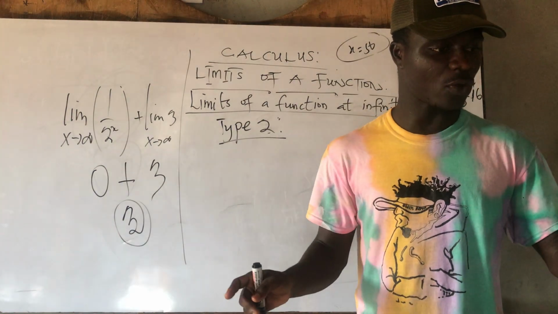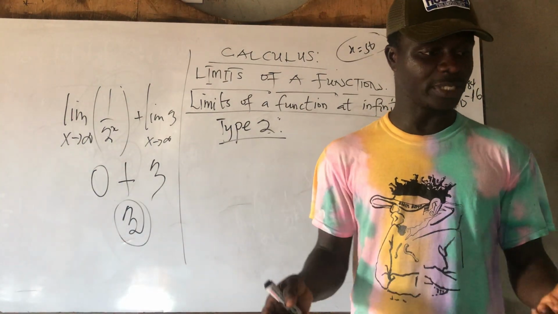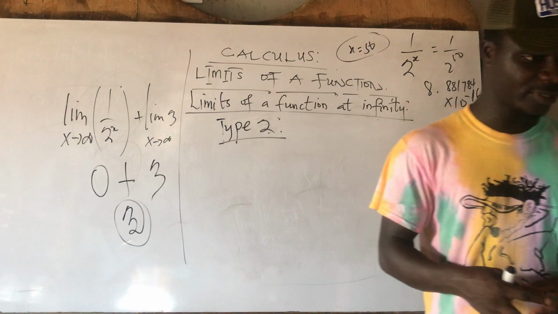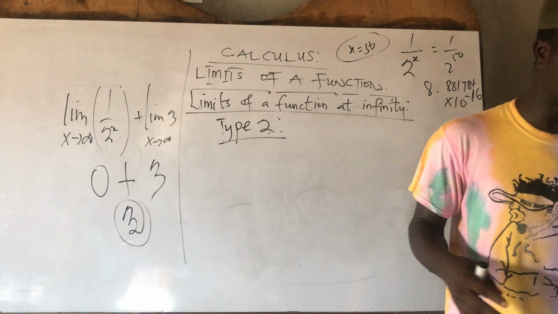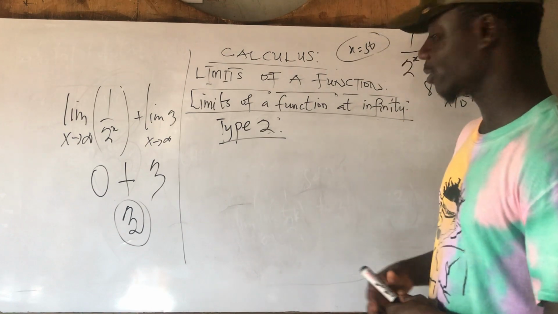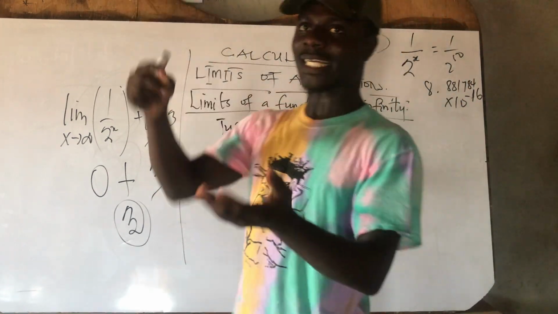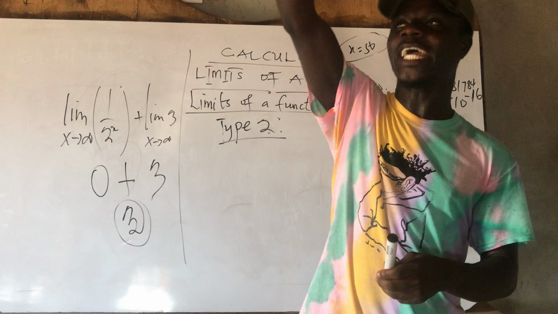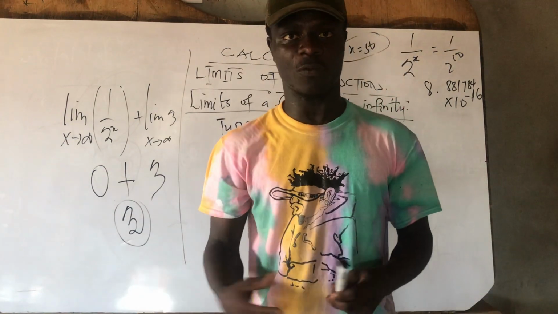rule 7 cannot be applied. I believe you know rule 7. We are taking the limit as x approaches infinity of f of x all over g of x.